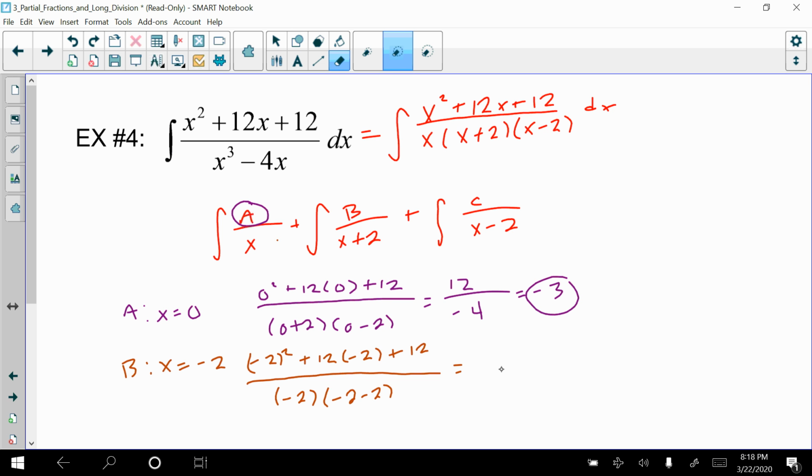So this will be a positive 4 plus 12 is positive 16 minus 24 will be a negative 8 in the numerator. Okay, so we do have a negative 8 in the numerator. And we'll have a negative 8 in the denominator also, so this simplifies to be a 1. So that will be the number that I replace the b term with.